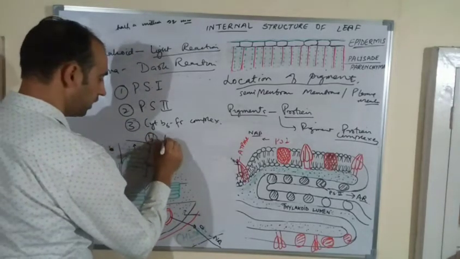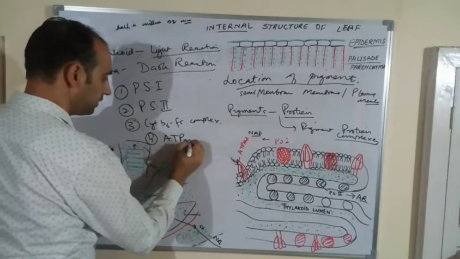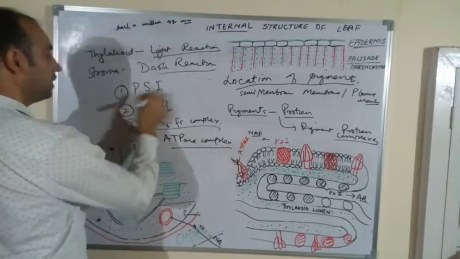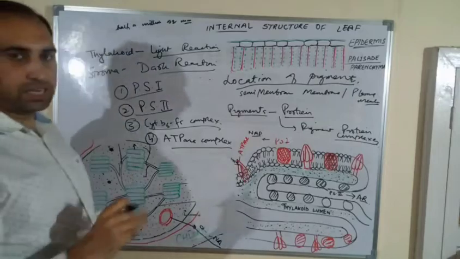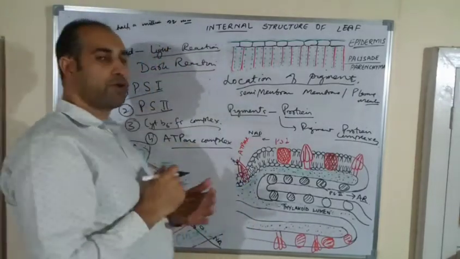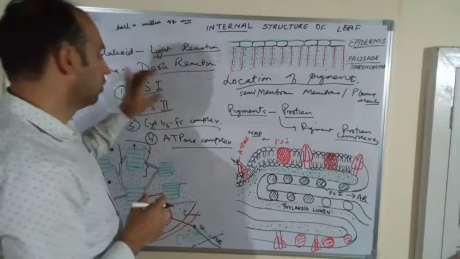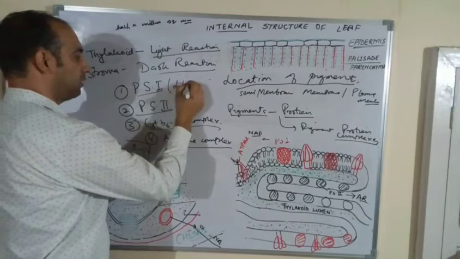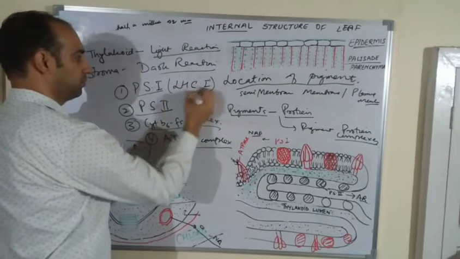Fourth is known as your ATPase complex. Okay, this pigment system first contains the necessary chlorophyll molecule and also some carotenoids and xanthophyll molecule. Okay, and form the light harvesting system first.